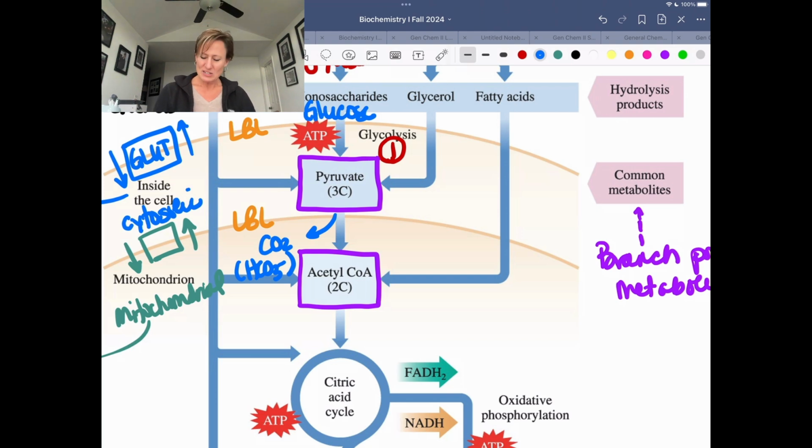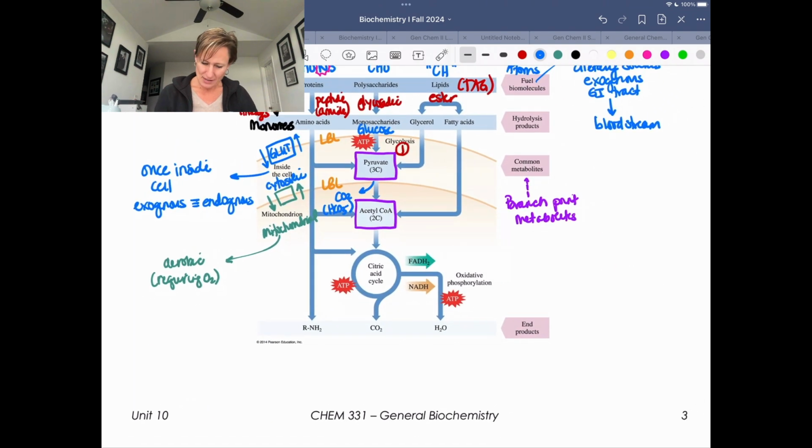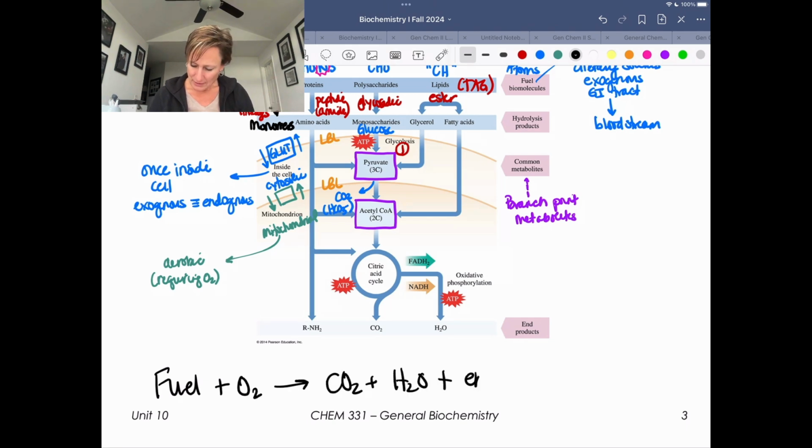Let me write this down someplace important here. Remember, this is our main equation: fuel plus oxygen gives us carbon dioxide, water, and energy. When we highlight the forms that energy can come in, we've always said that's ATP, but as we'll see here, you can have NADH and FADH2 that can be used to make ATP.